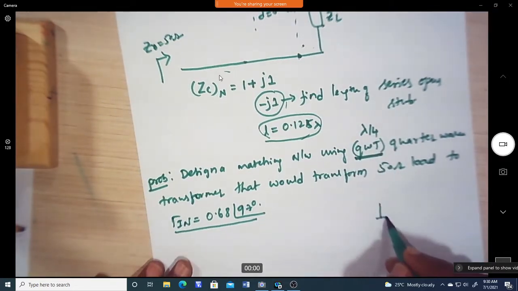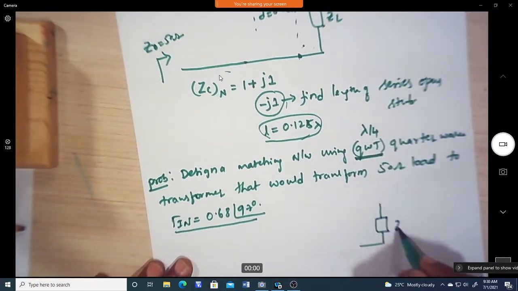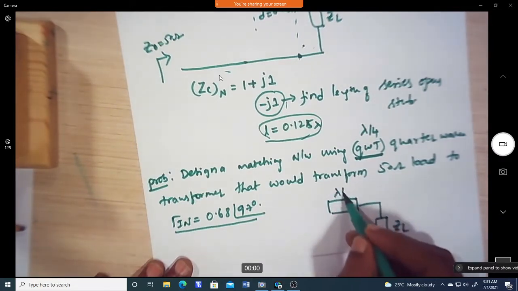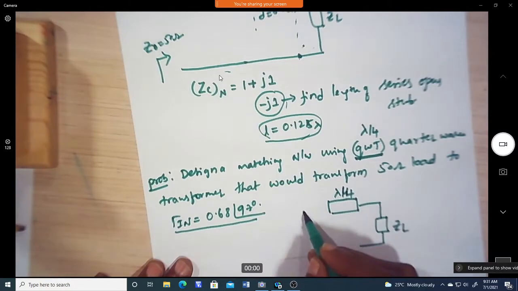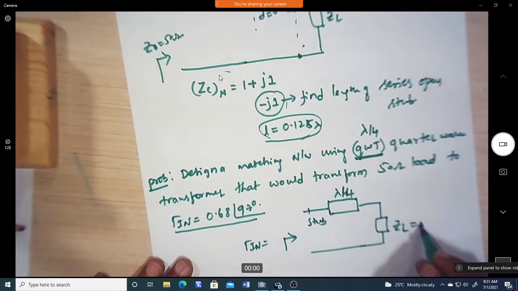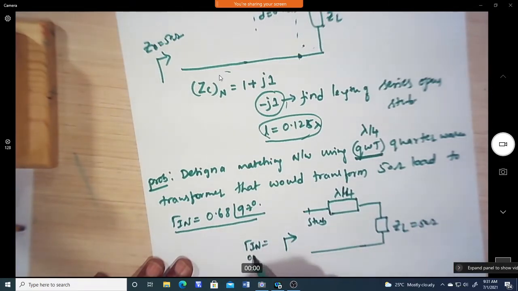That is where we have the load. So we have to use the quarter wave transformer in between and some stub. Any stub we can use after this, and you need to match the 50 ohm load to an input reflection coefficient 0.68 at an angle 97 degree.